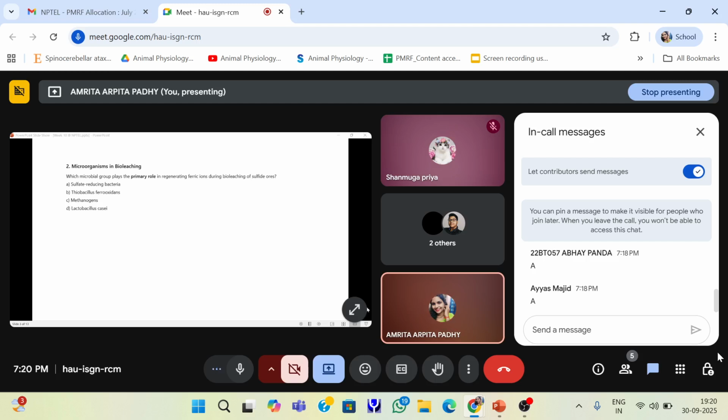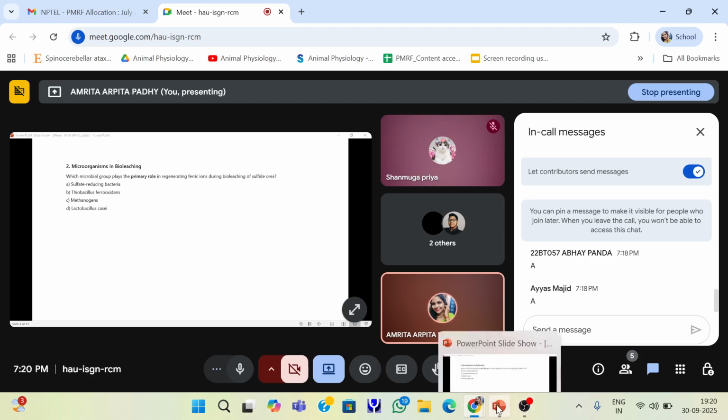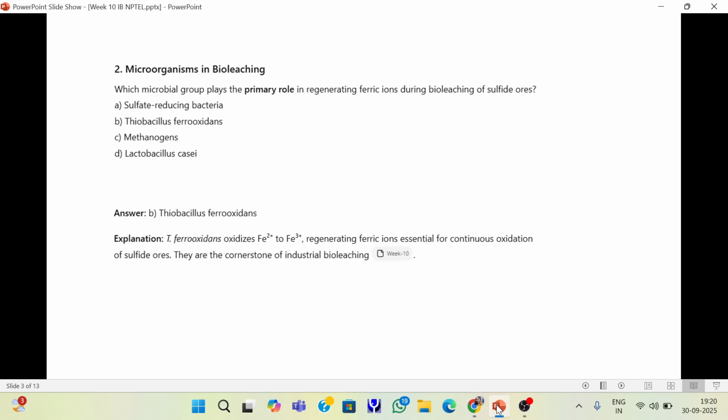Okay, is everyone done? Let's see what is the correct answer to this question. It is B. Thiobacillus ferrooxidans. This is the microbe which plays an important role in regenerating ferric ions during bioleaching of sulfide ores. So this is an indirect bioleaching process, as we discussed in the first question.